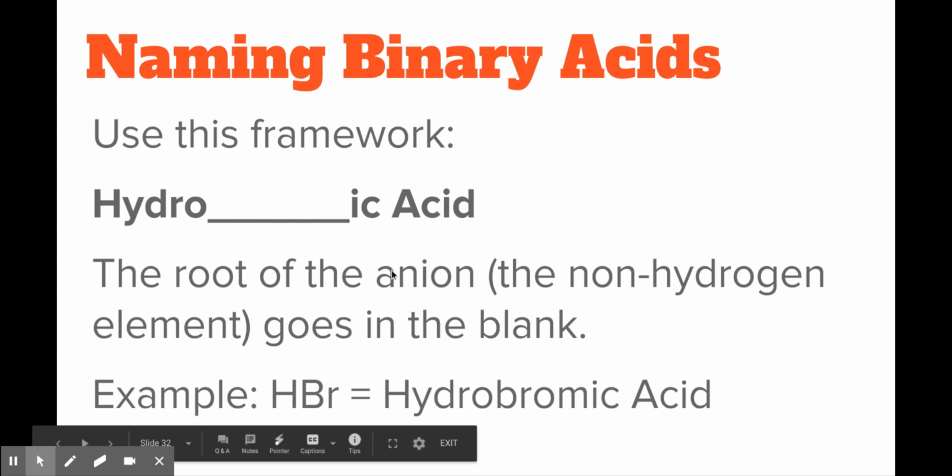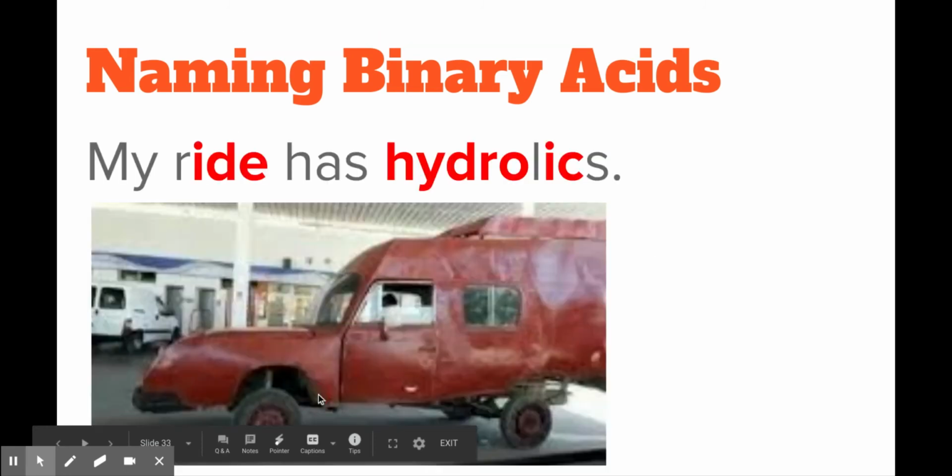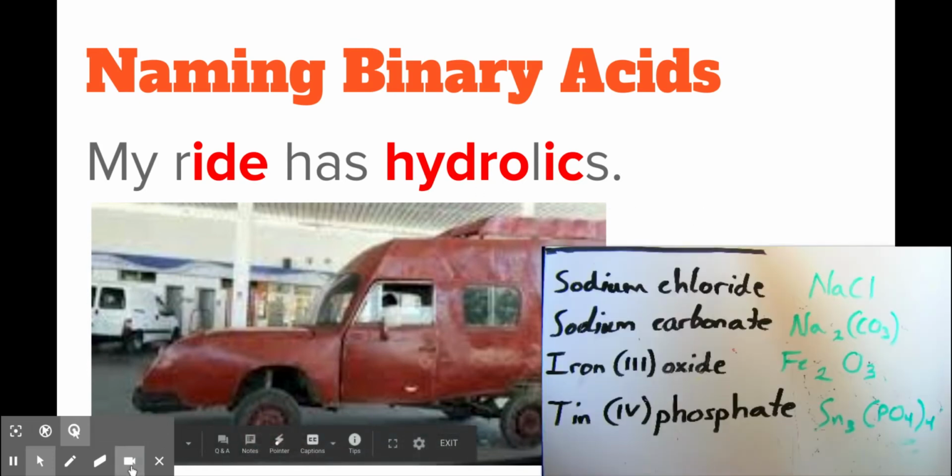Now, the reason that you knew to use this framework is because my ride has hydraulics. The anion here is bromide, right? This is hydrogen and bromine bonded together. And remember how I said acids are kind of like special ionic compounds? So it's a hydrogen cation and a bromide anion. And if it ends in "ide," then you use the phrase, my ride has hydraulics.